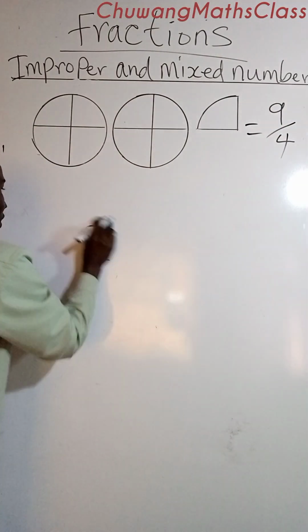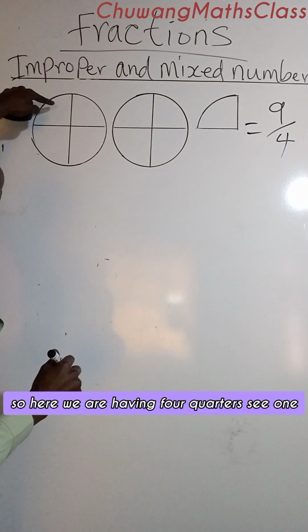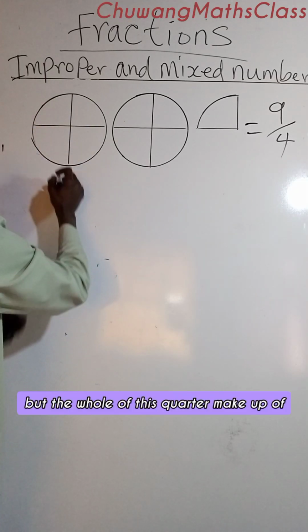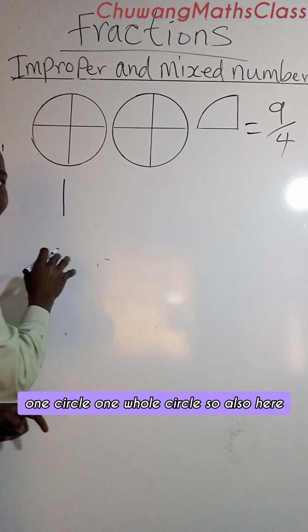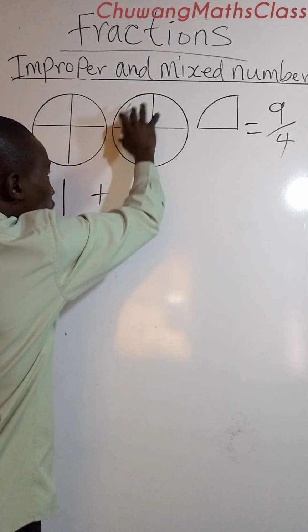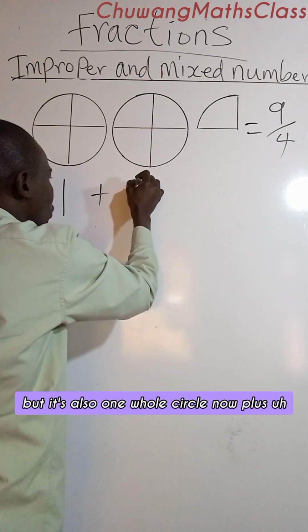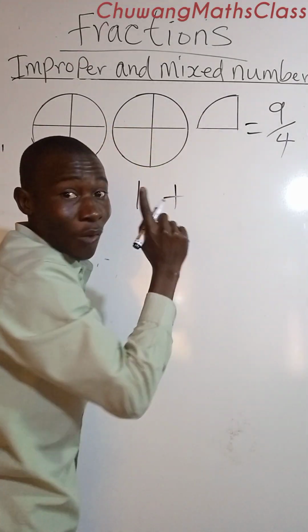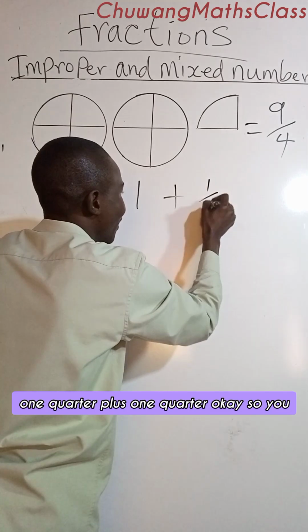Here we have 4 quarters. You see, 1, 2, 3, 4 quarters, right? The whole of these quarters makes up one whole circle. So also here you see one whole, though we have 4 quarters, it's also one whole circle. Now plus 1/4, plus 1/4.